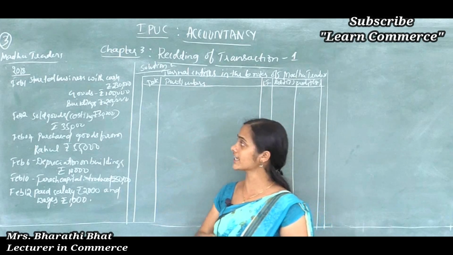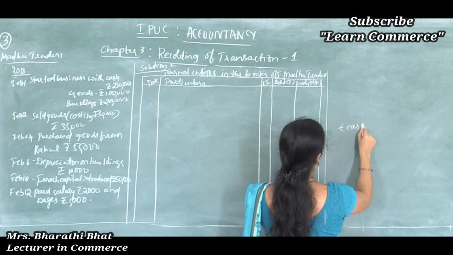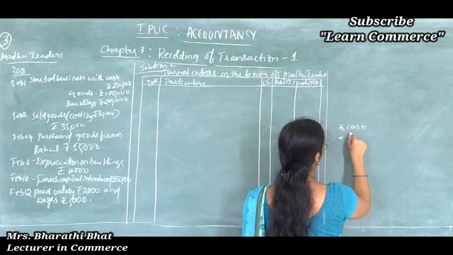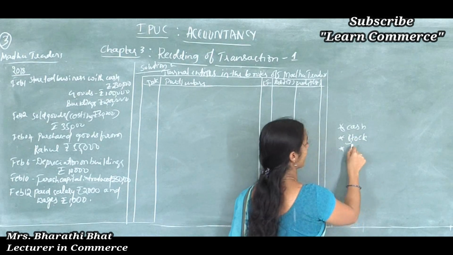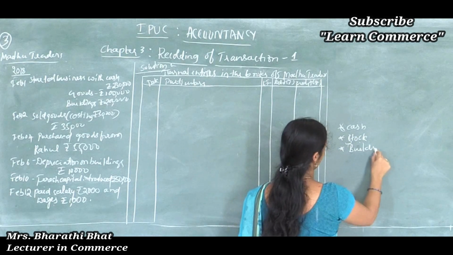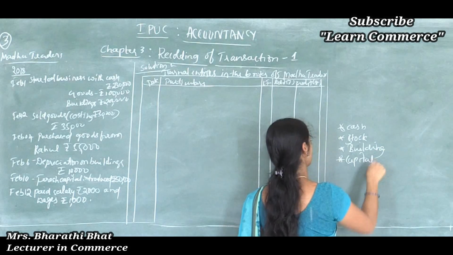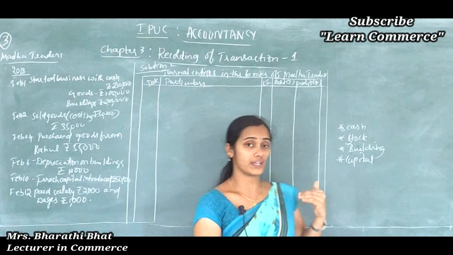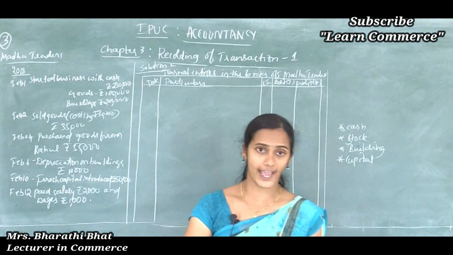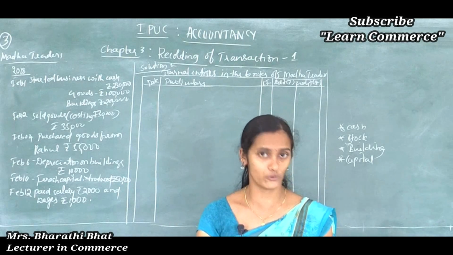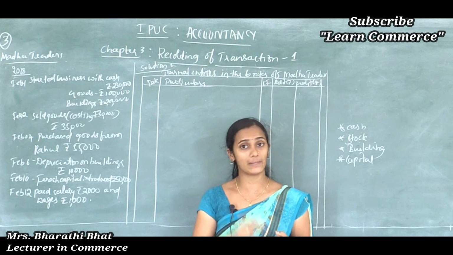See, in the first case, cash is increased, and one more account is stock, because goods is considered as stock, and another account is building, and one more account included in that, capital. When we are starting the business organization, we can invest cash, or bring goods, or contribute for the building also.